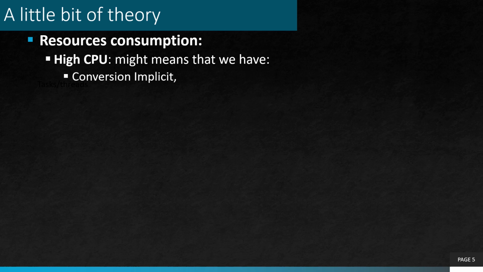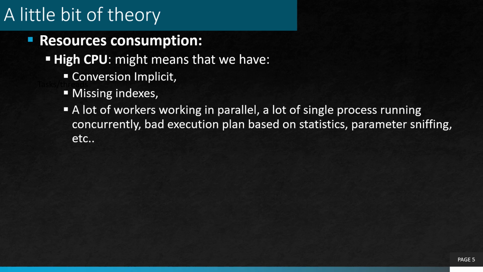High CPU means that, for example, SQL Server needs time in order to convert the data when you have implicit conversion, or when SQL Server needs to read more data because we don't have indexes covering the filter that we are using, or we have a lot of workers or processes working in parallel, or a lot of single processes running at the same time. Or we have a bad execution plan based on the statistics, parameter sniffing, etc.